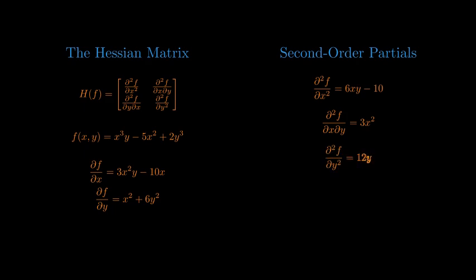The bottom right entry is the second partial derivative with respect to y twice, which is 12 times y. Thus, our Hessian matrix is a 2 by 2 grid, with the first row containing 6 times x times y minus 10 and 3 times x squared, and the second row containing 3 times x squared and 12 times y.